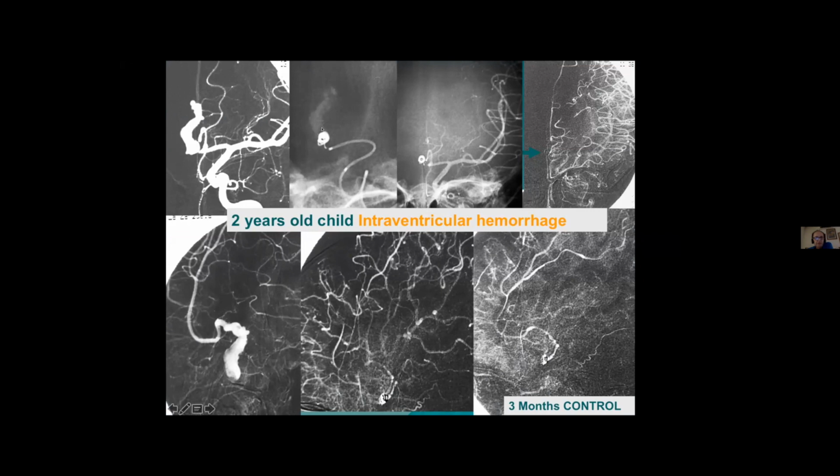I decided to put the coil in the neck. I look at the stagnation of the contrast. I decide to occlude the aneurysm at the neck, and you have the collateral leptomeningeal anastomosis, and occluded, and at 3-month control, asymptomatic.